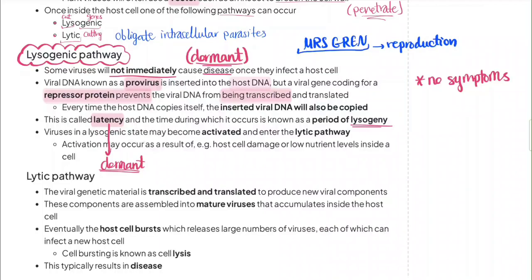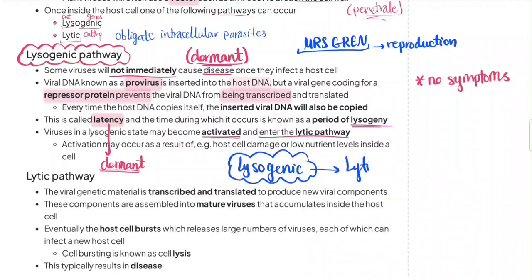Viruses in a lysogenic state may become activated and enter the lytic pathway. So what we've just concluded is that nothing happens during the lysogenic pathway. Everything can happen only during the lytic pathway, and this occurs when the virus, which is in the lysogenic pathway, moves into the lytic pathway. Activation may occur as a result of host cell damage or low nutrient levels inside a cell.